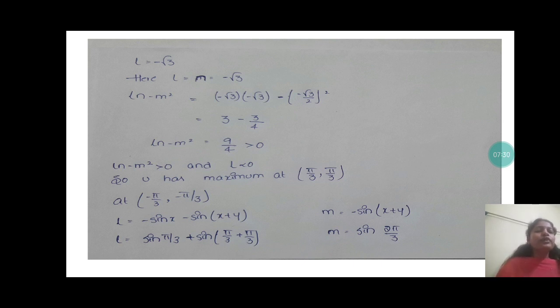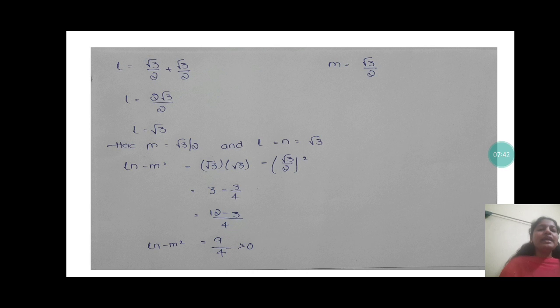Now we considered plus pi by 3, pi by 3, but we don't know the values at (minus pi by 3, minus pi by 3). If we solve for L, m and n values, we get L is equal to root 3, m is equal to root 3 by 2, and here L and n are the same.